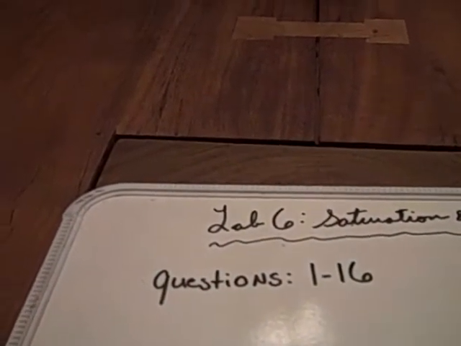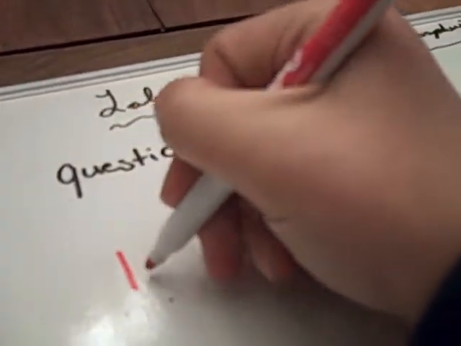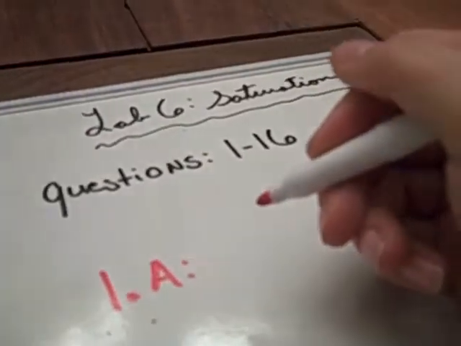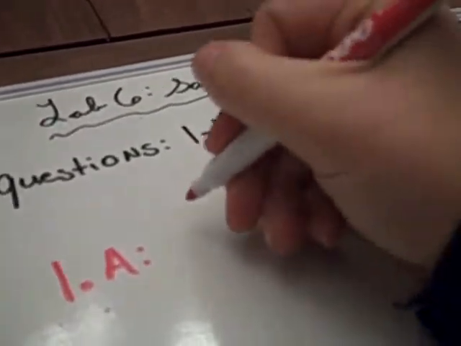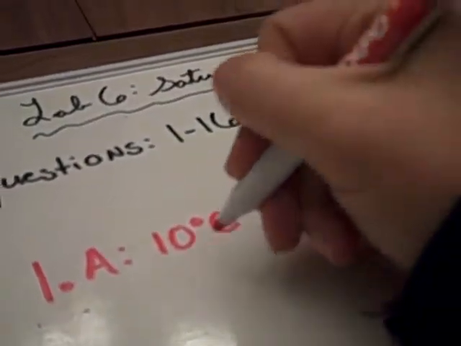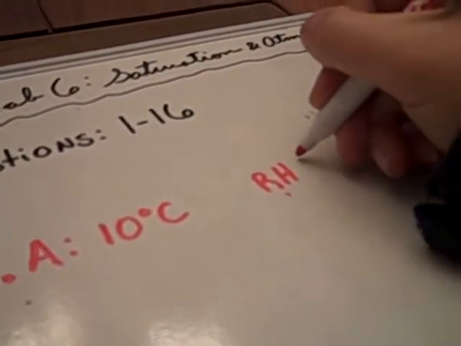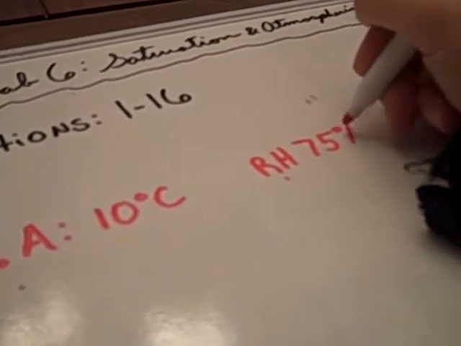So we're going to look up question A, and I'm going to work through 1A with you. I'm going to change hands so I can write. So 1A, and we have some information given, which is that the air sample is 10 degrees C and the relative humidity is equal to 75%.